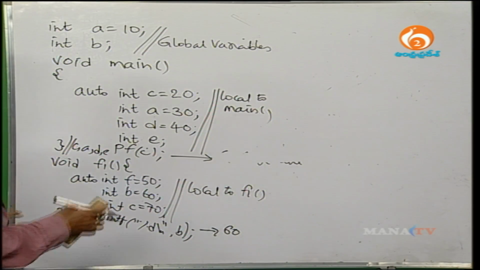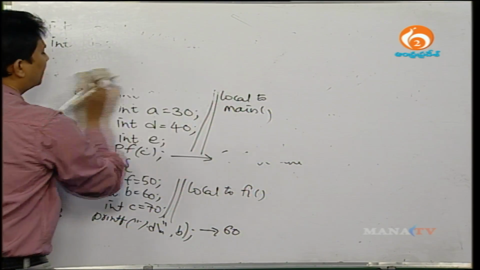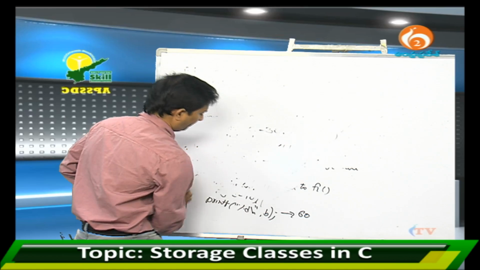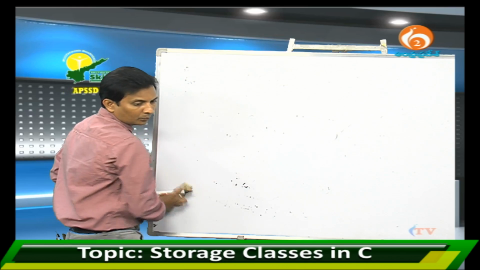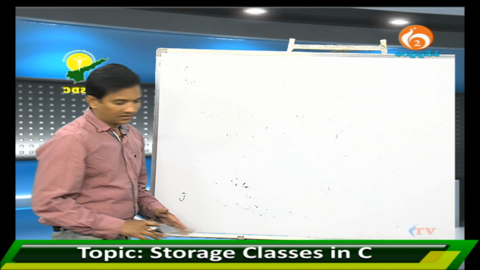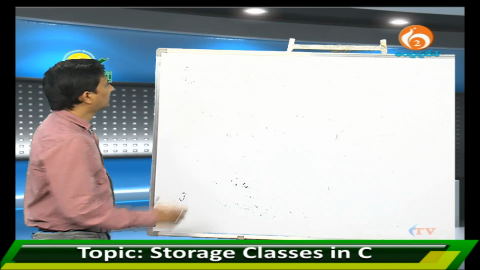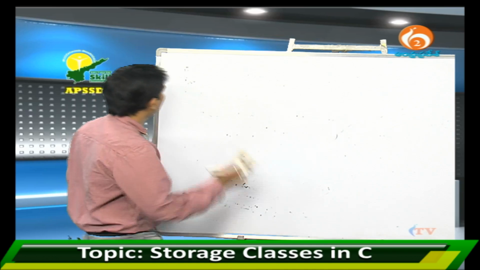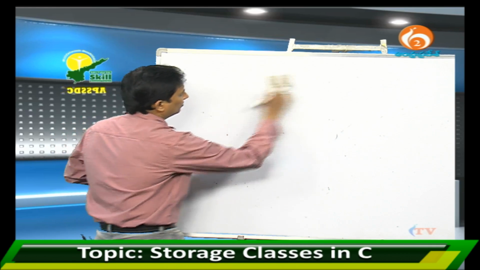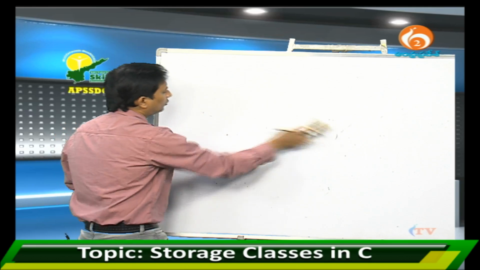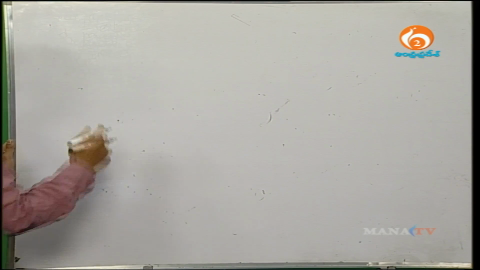Okay, now we will go for external. Now we go for the extern keyword, external declaration. So reusing the variable for the external.